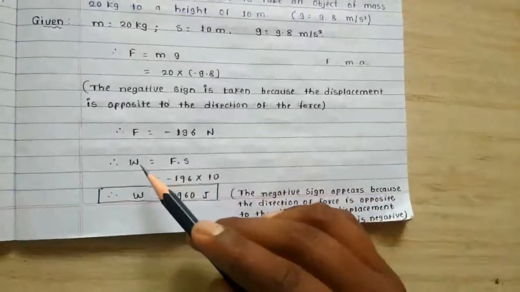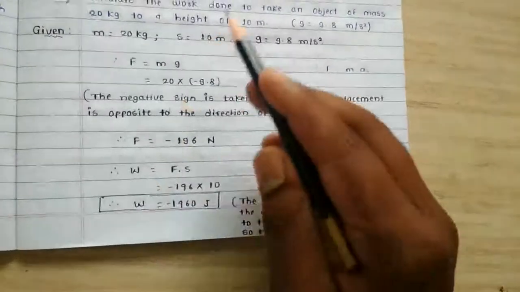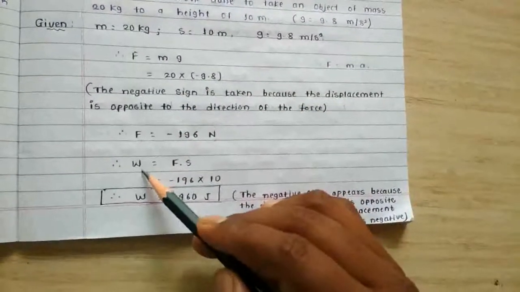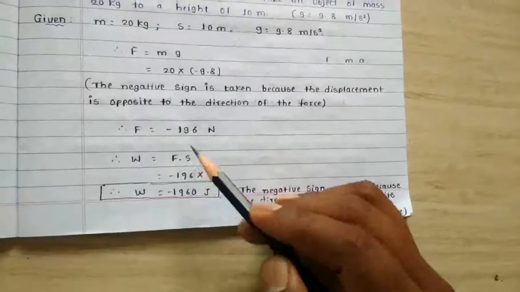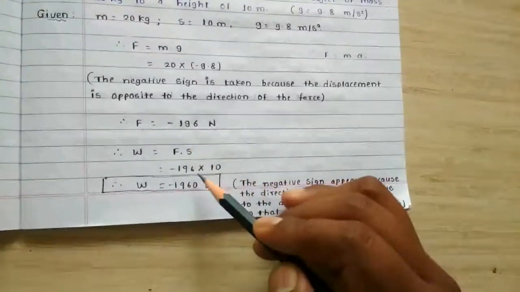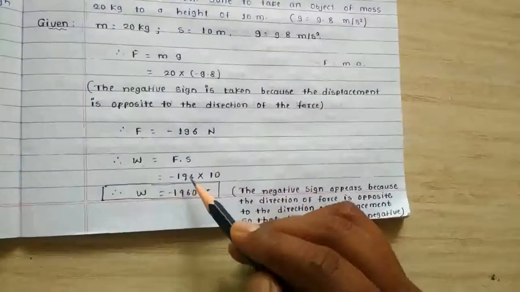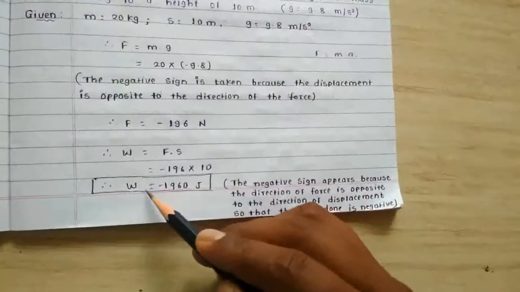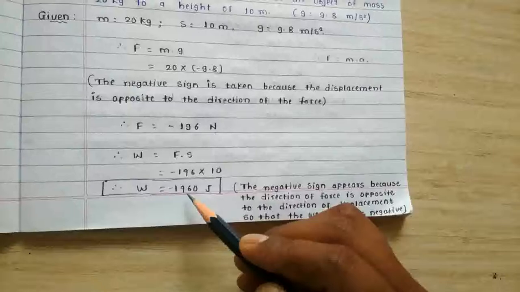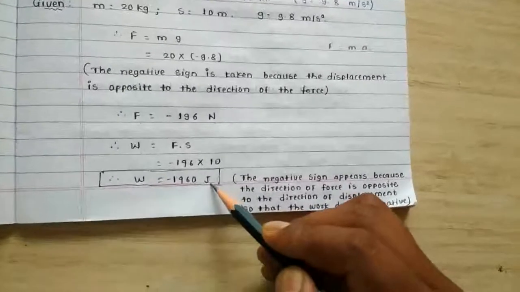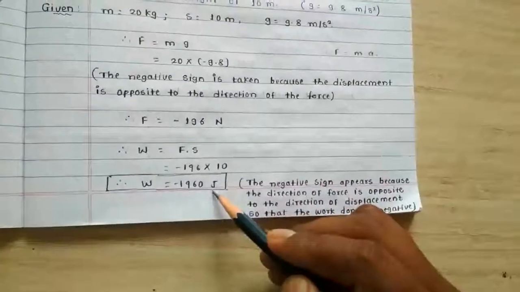Now next we can calculate the work done. The formula of work done is force into displacement. So force is minus 196 and displacement is 10. Therefore 196 into 10, answer is work done is minus 1960 joule. The unit of work is joule.